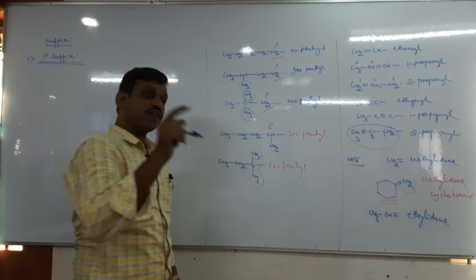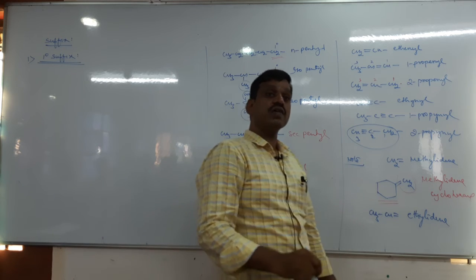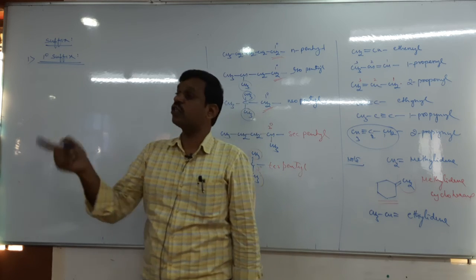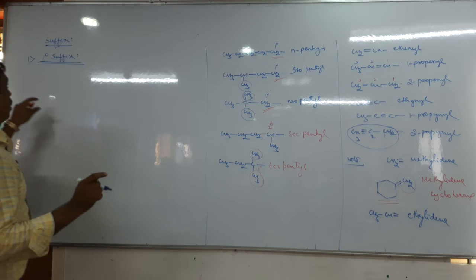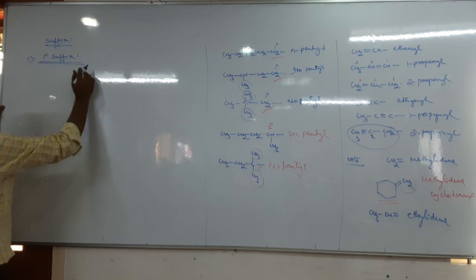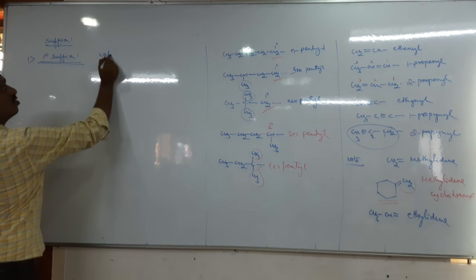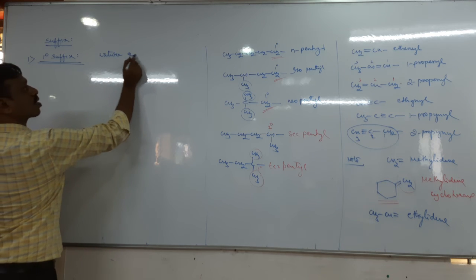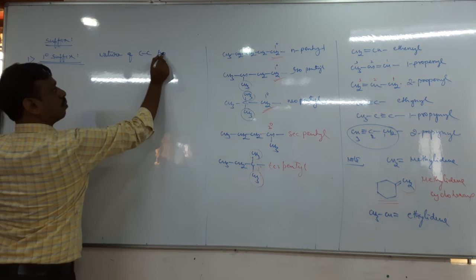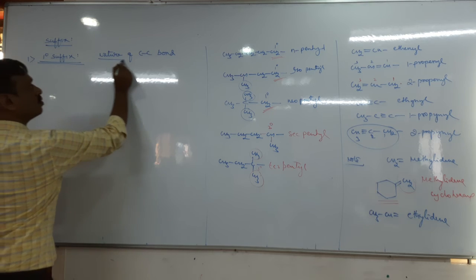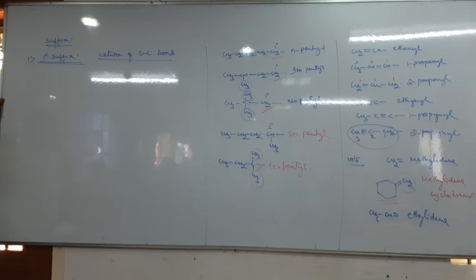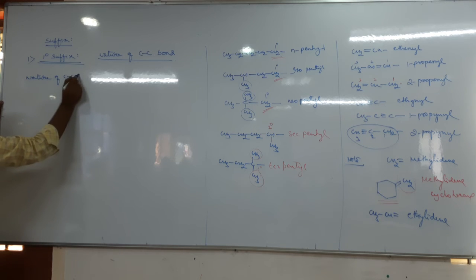And what does the secondary suffix indicate? It indicates the nature of the functional group, right? Write down. Primary suffix indicates the nature of the CC bond, carbon-carbon bond.